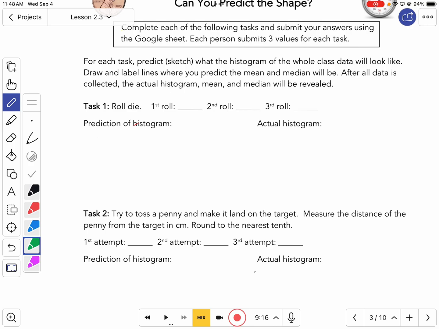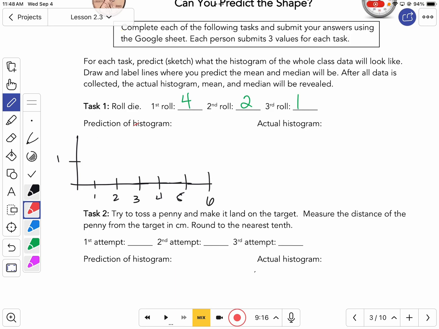So if we think about the histogram for this, when I rolled it, I got a 4, a 2, and a 1. So mine were all different. If I think about my histogram, it would have looked like this: 1, 2, 3, 4, 5, and 6.